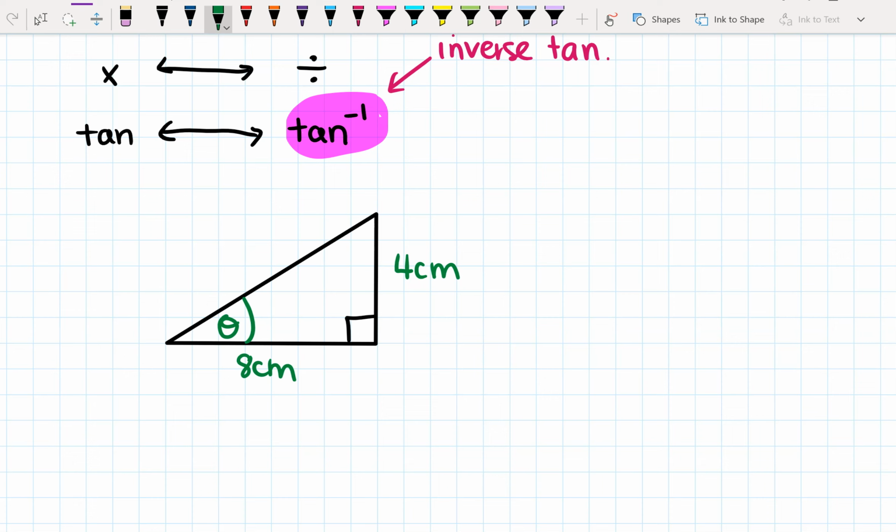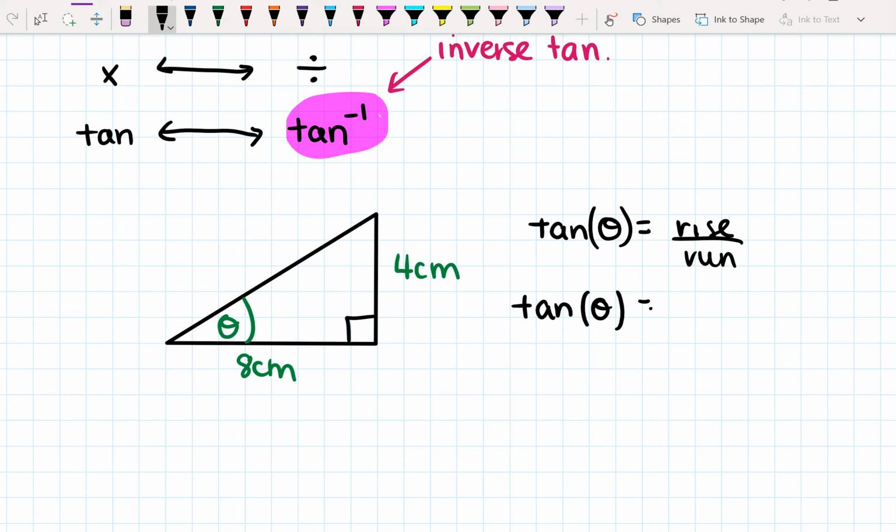Now we are going to use the same formula that we had before. So we've got the tan of theta is equal to the rise over the run. Tan of theta equals rise over run. Now, we don't know theta, so we're going to keep it as tan of theta is equal to, the rise is 4, and the run is 8.